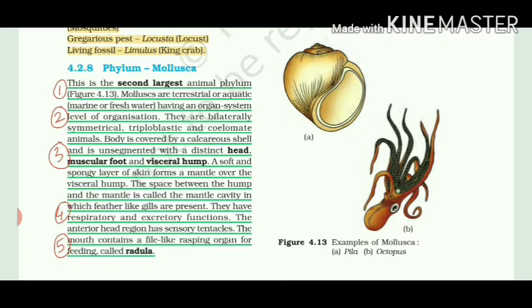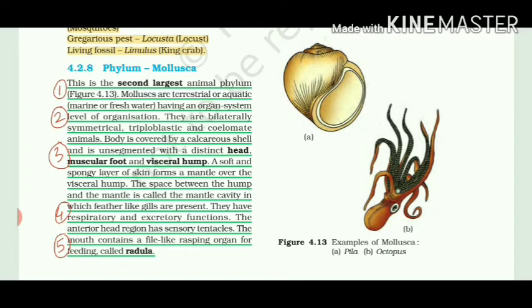There is one space between the hump and the mantle, that is called the mantle cavity, right? In which gills are present. So gills are the respiratory organs which look like feathers. They play both functions, respiratory, and also excreting waste out of the body.